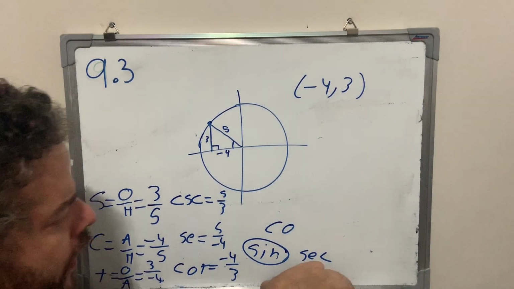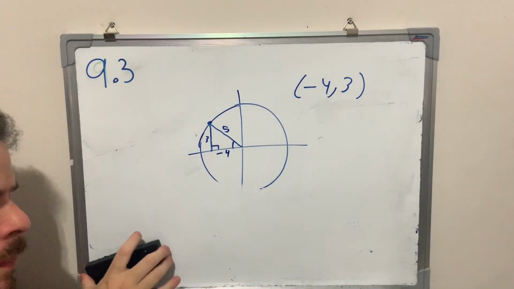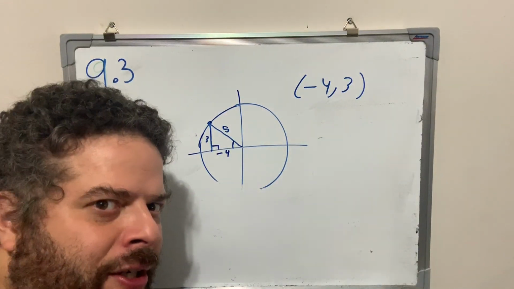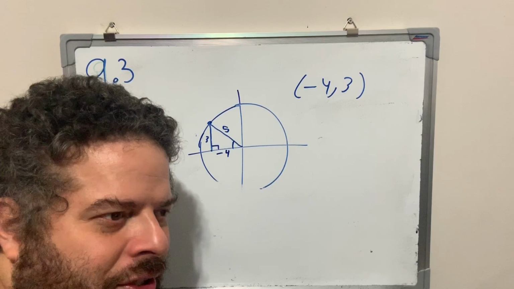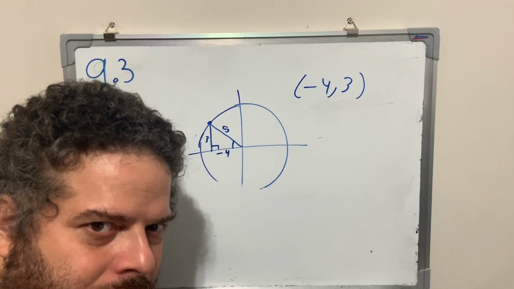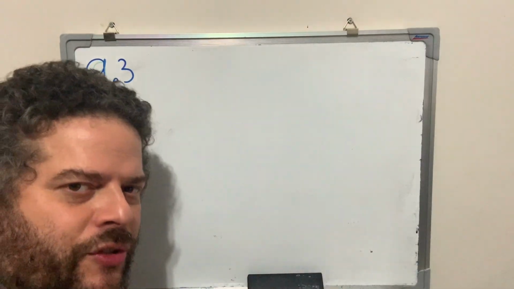Now let's go over a very important subject you will be using a lot next year. If you're going to be with me, you're going to be using the unit circle a ton, so make sure you get this right. It's pretty much going to be an intro to the unit circle.